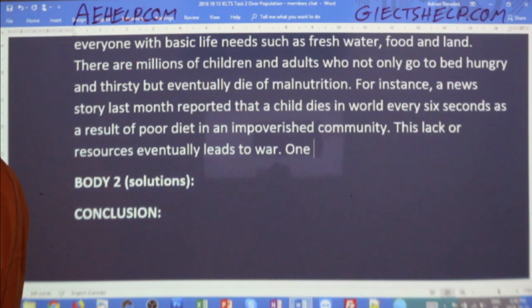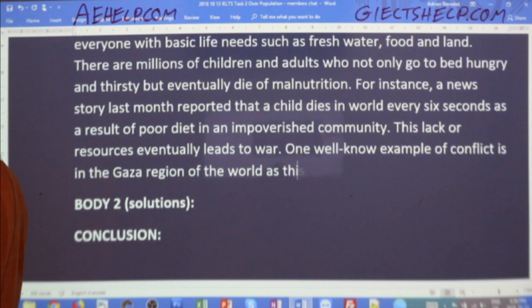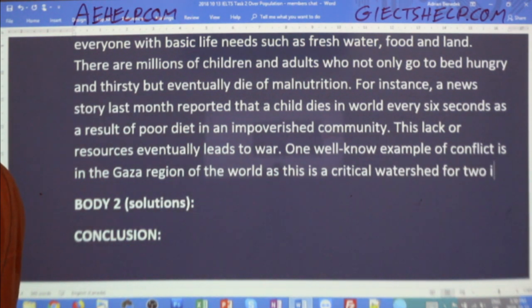One well-known example of conflict is in the Gaza region of the world, as this is a crucial or critical watershed for two big populations.